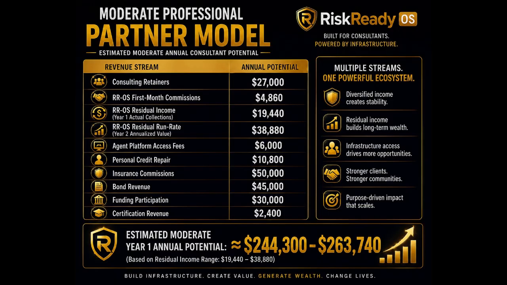This is not a guarantee. It is a model showing what becomes possible when multiple income streams are connected to infrastructure. The consultant is no longer dependent on a single service, client type, or transaction. The consultant operates inside a recurring ecosystem with multiple monetization paths.